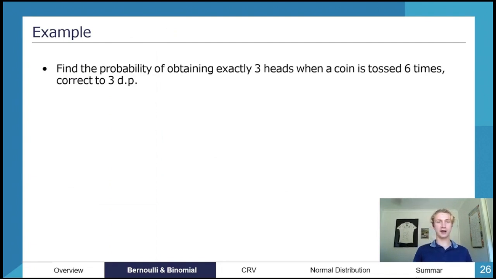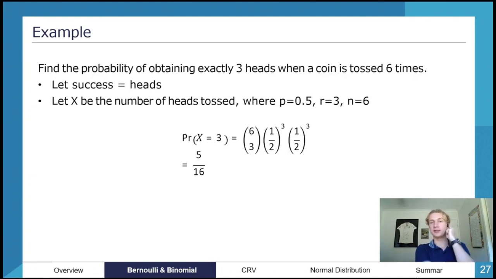Okay, so we'll do an example now. Find the probability of obtaining 3 heads when a coin is tossed 6 times, correct to 3 decimal places. Pretty classic question, simple and familiar. It's only heads or tails, so already we know that it is going to be a Bernoulli sequence, and probability is the same, independent trials, etc. Now, we're going to let success equal heads, and we're going to let x equal the number of heads we're going to observe, where the probability is 0.5, r equals 3, and the number of trials equals 6.